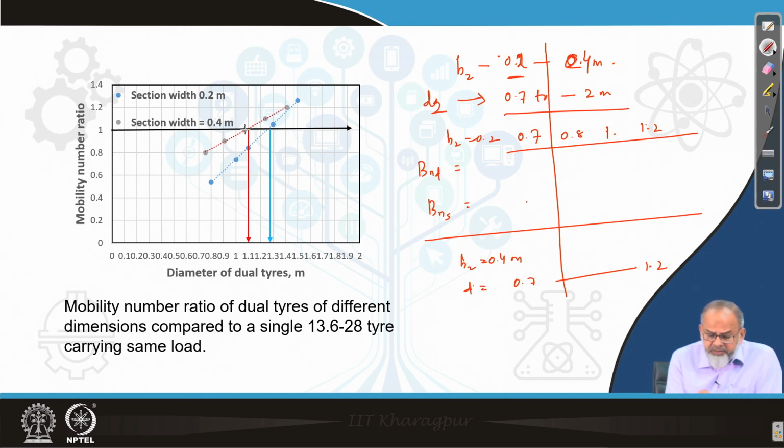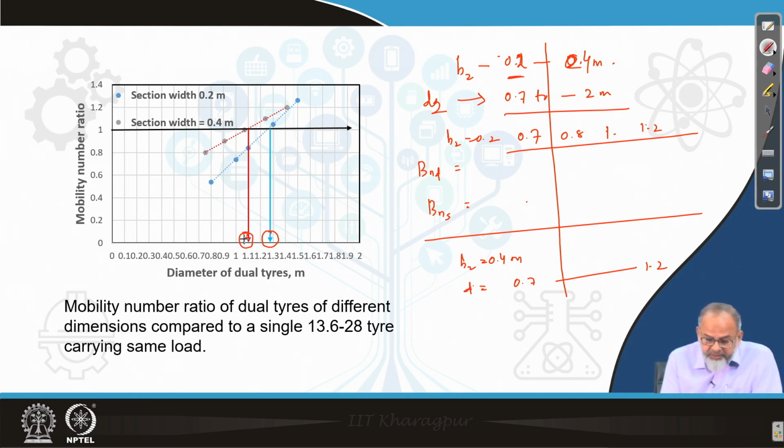Wherever it touches the two graphs, one is for 0.4 meter, the other one is for 0.2 meter, there I draw two verticals to touch the x-axis. That means it will indicate what should be the minimum diameter required, so that the dual will behave like a single tire. That means performance of dual tires will be equal to the single tire.